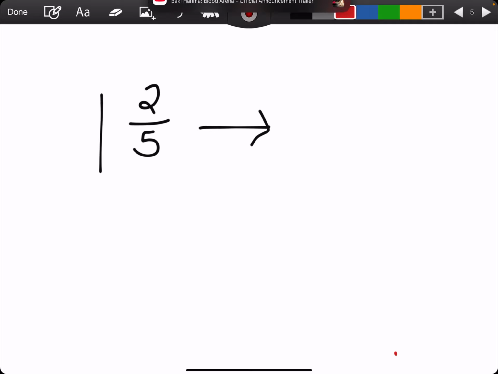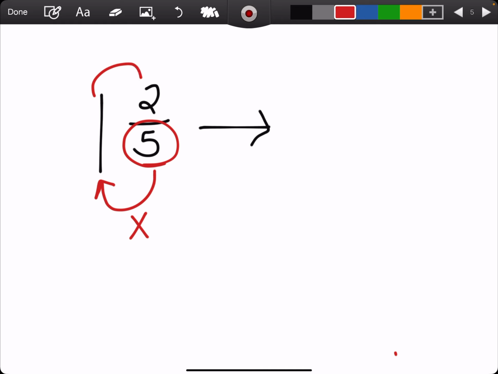The swoop around method is, let's start with my denominator, multiply it by the whole number, and then add my numerator and keep your denominator. So 5 times 1 is 5, plus 2 is 7. Keep your denominator. It's the swoop around method.